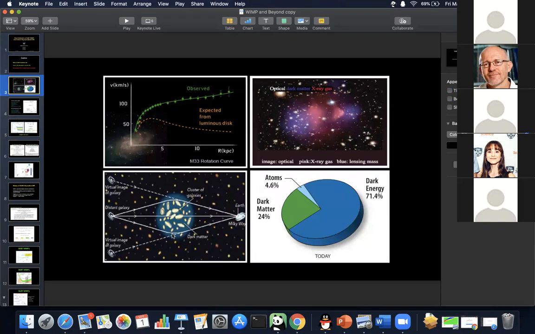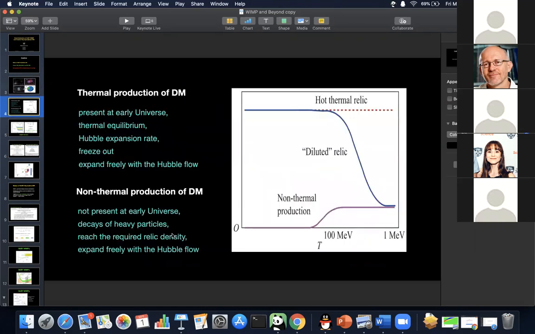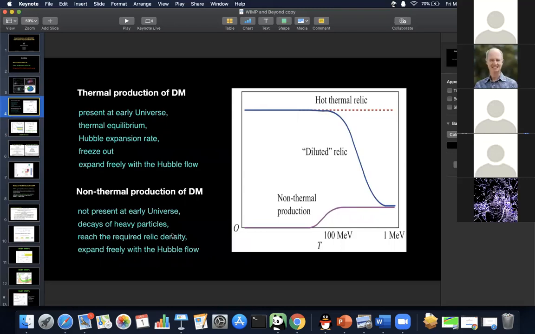As we know, we have many pieces of evidence for the existence of dark matter, and dark matter accounts for 24% of the matter in the universe. It is very important, but remains elusive in our field. Normally we have two production mechanisms of dark matter. One is thermal production.